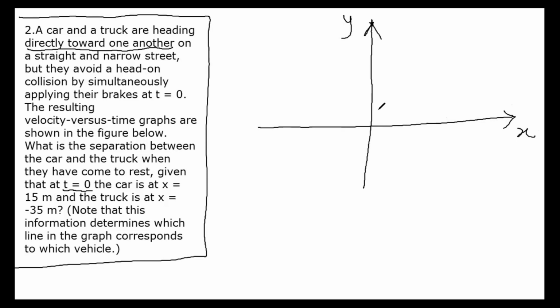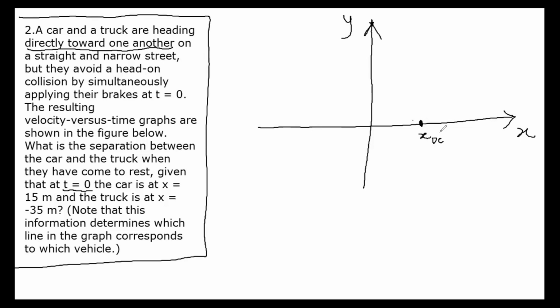So according to the data that have been given, at t equals 0, the car is at position 15 meters. Let me just say this is the initial position of the car, I will not write the number. So this is the x naught for the car.